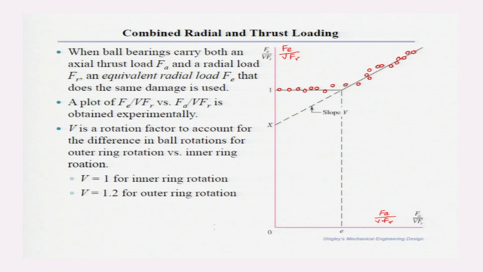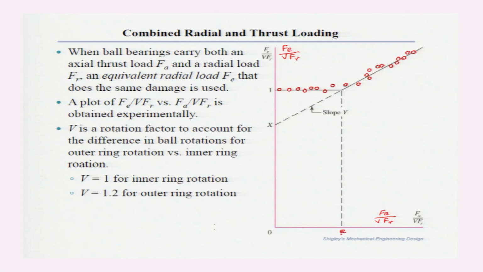V is a rotation factor to account for the difference in ball rotations for outer ring rotation versus inner ring rotation, and V is 1 for inner ring rotation and 1.2 for outer ring rotation. So if the outer ring is rotating, we take V as 1.2, otherwise it will be 1. The differentiating point, where the data is constant up to this value and after that has a linear relationship, is called E.